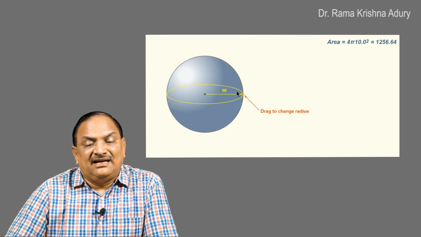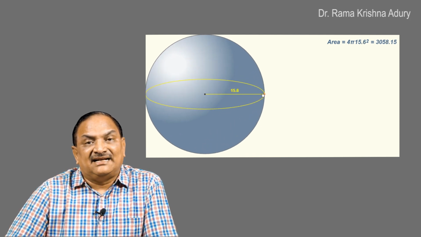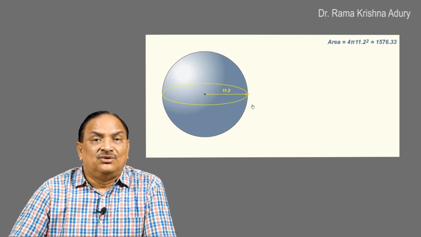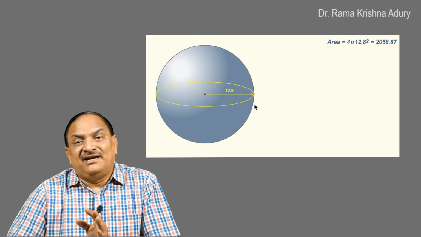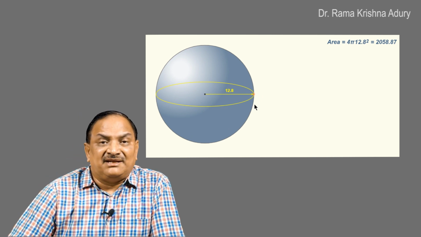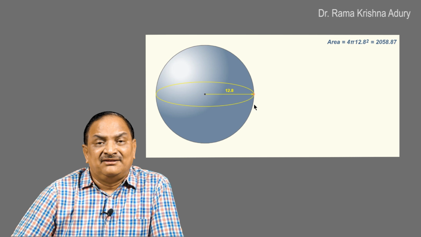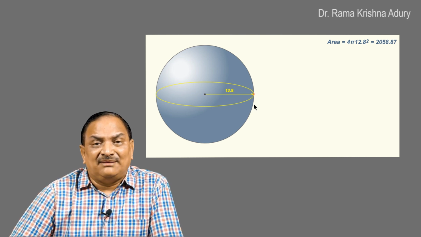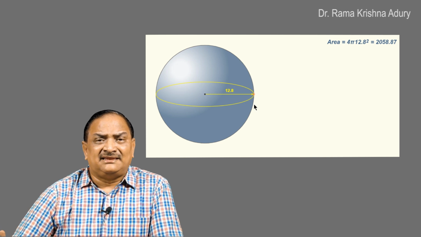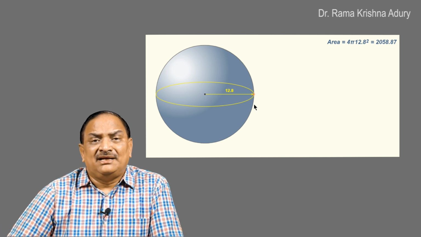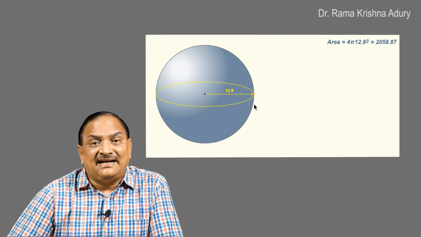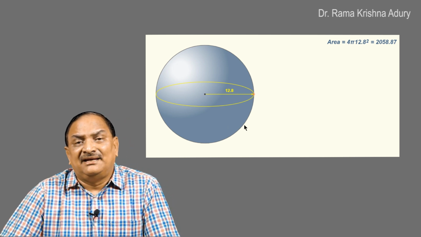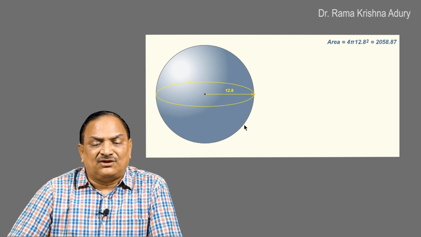You can increase the surface area by increasing the radius, but mind you, the radius is squared in the surface area of a sphere, 4 pi r square. Therefore, if you double the radius, the surface area increases 4 times. If you take 3 times the radius, the surface area increases 9 times.